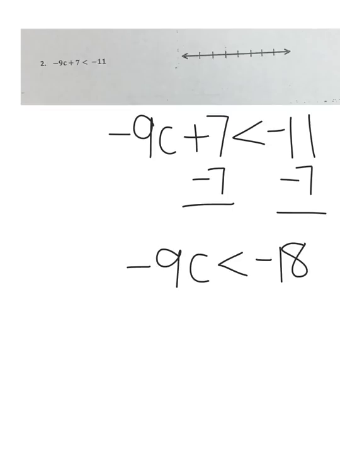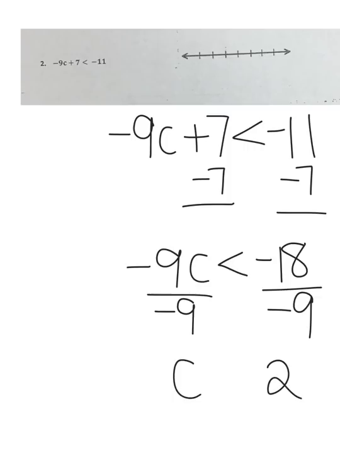Our variable is still not isolated, so we need to divide by negative 9 on both sides. And we're left with c on the left and positive 2 on the right. Now remember, when you multiply or divide an inequality by a negative, you need to flip your inequality sign. So this needs to be c is greater than 2.